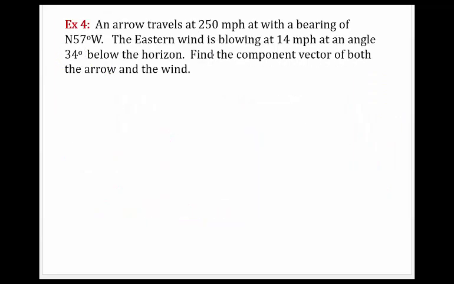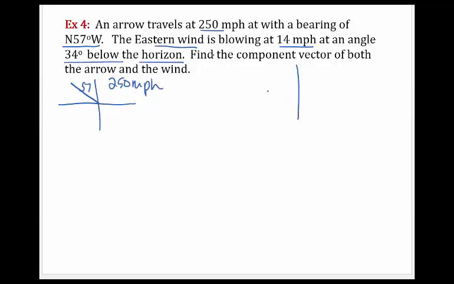All right, example 4. An arrow travels 250 miles per hour with a bearing of northwest 57 degrees. So here's northwest. 57 goes next to the y-axis, and we know that arrow is going 250 miles per hour. Then it says a wind, an eastern wind, is blowing at 14 miles per hour at an angle 34 degrees below the horizon. Okay, so we have a separate picture here.